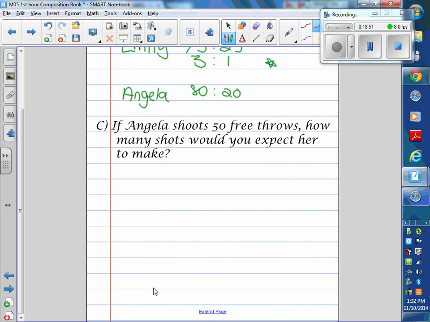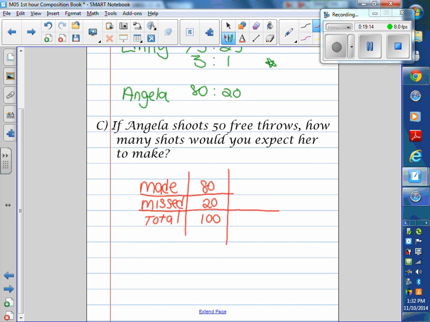So if you know your made percentage, you know your missed percentage. She made 80%, missed 20%. Can you get a total? Yeah, 100. But what if she doesn't shoot 100 baskets? She only shoots 50, so divided by 2.